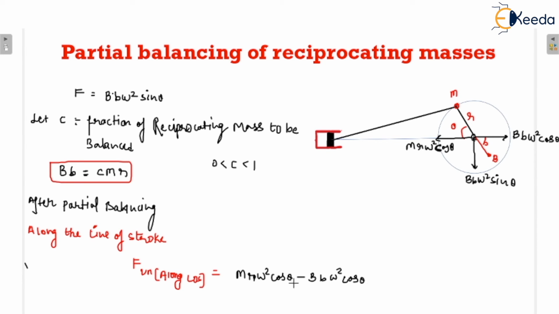That is the unbalanced force along the line of stroke.